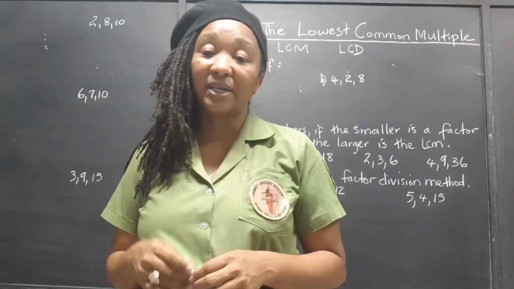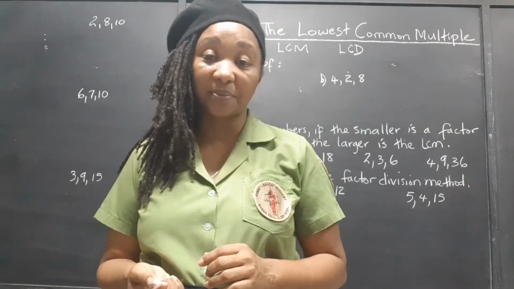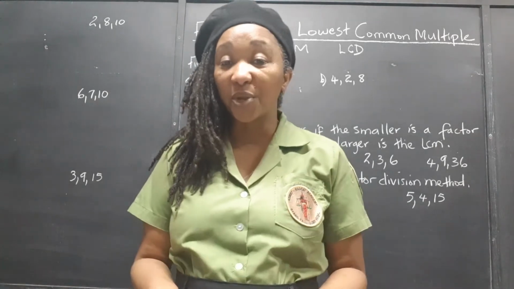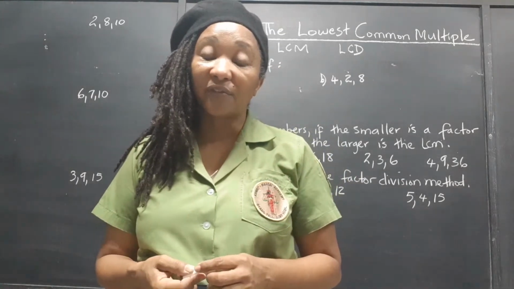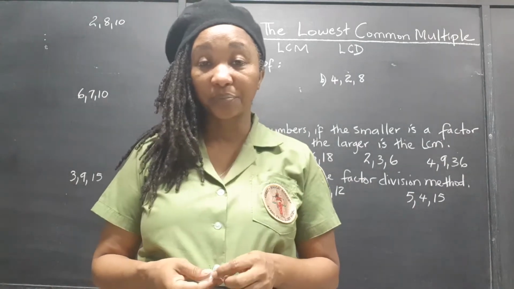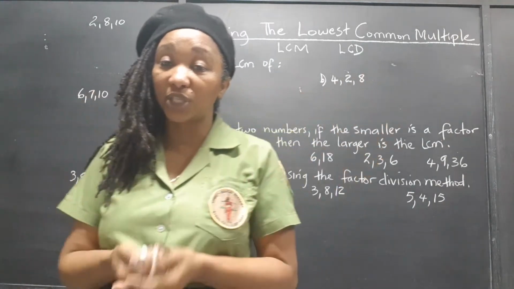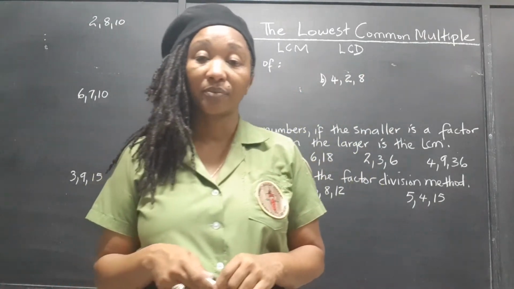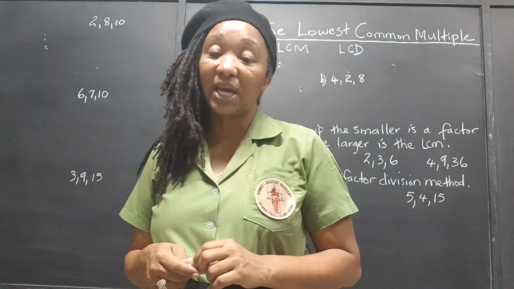Now there are several methods that we can use to find the LCM. The first method is to just look at the numbers and see if, from your knowledge of your times table, you can just figure out which is the smallest one, the lowest one that these numbers can divide into.